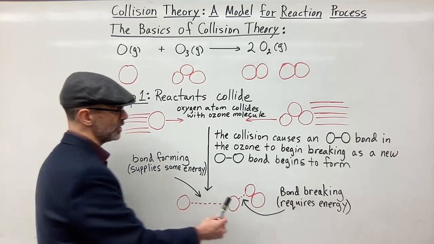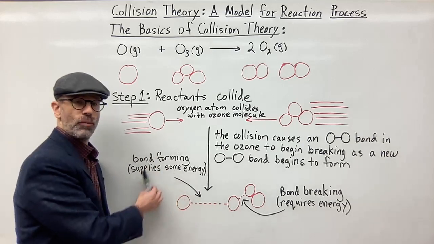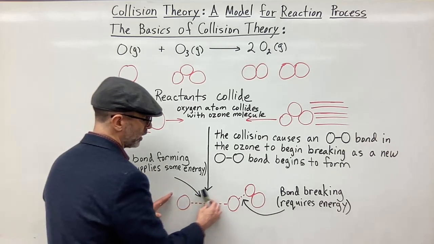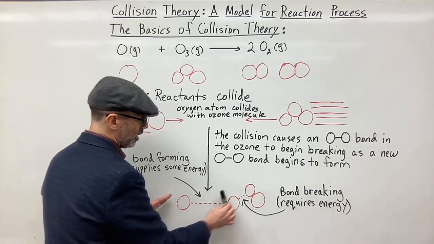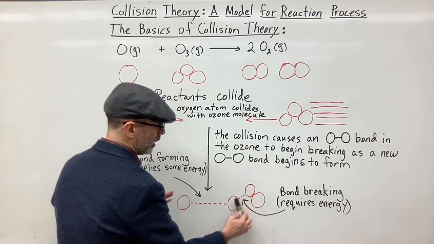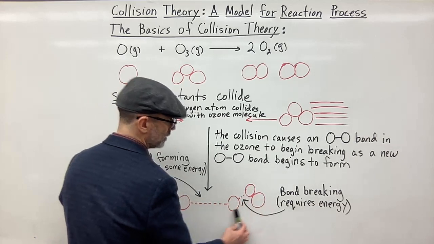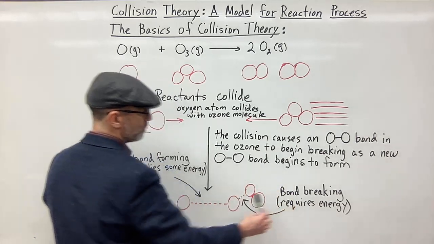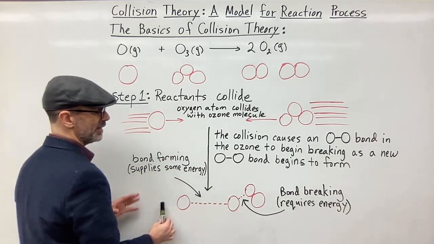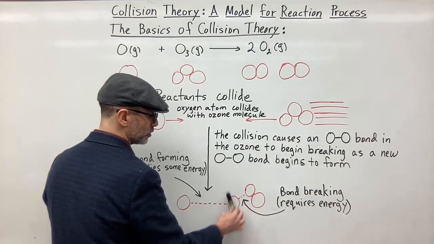Some of the energy required to break this bond is supplied by the formation of this bond. This atom is forming a bond with this oxygen in the molecule, and at the same time, this atom is starting to break the bond with this oxygen. So this bond is being formed while this bond is in the process of being broken. Therefore, the energy released during the formation of this bond is used to help break the bond that requires energy.